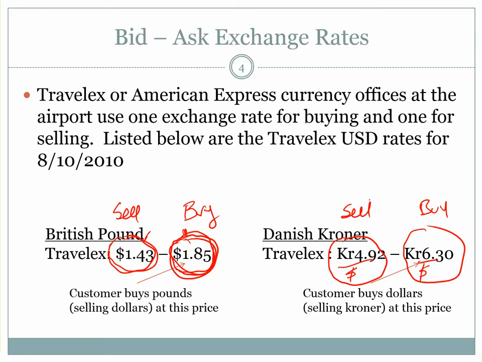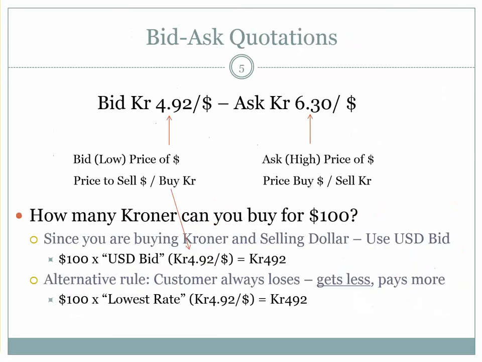Now what makes this complicated is in the pound example, this is the price of the pound, the price where I buy pounds, sell dollars. But in this case, this is actually the price of the dollar quoted in crown. So this is the price of buying dollars. So this is the exchange rate I need to use to buy dollars, sell crown, or sell dollars at the low price, buy crown.